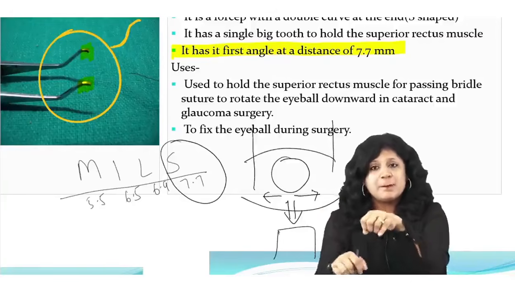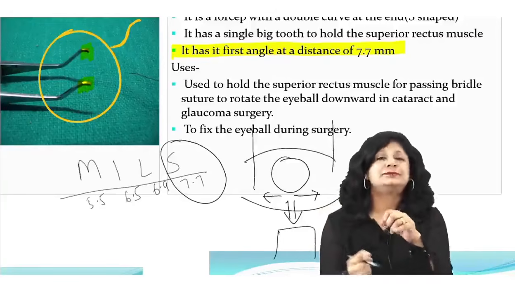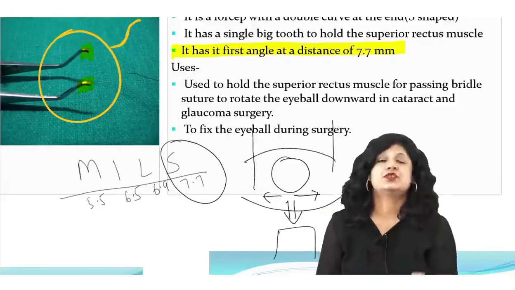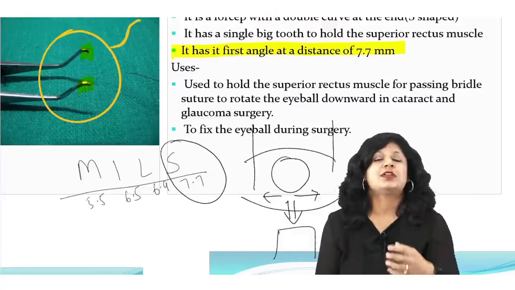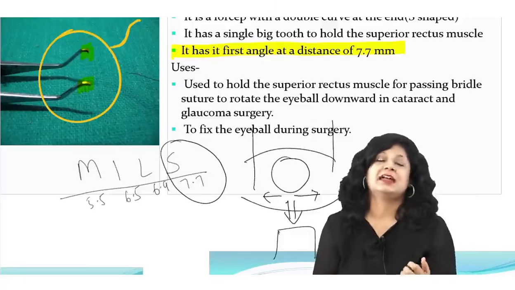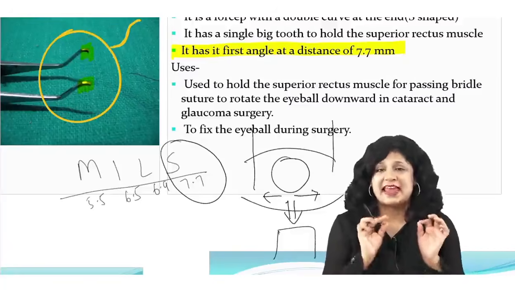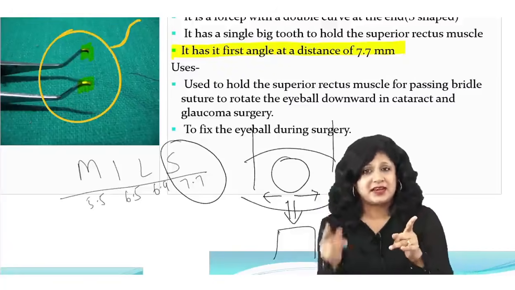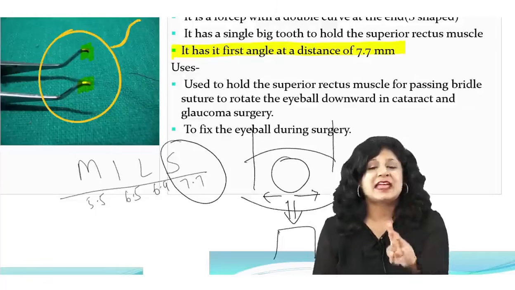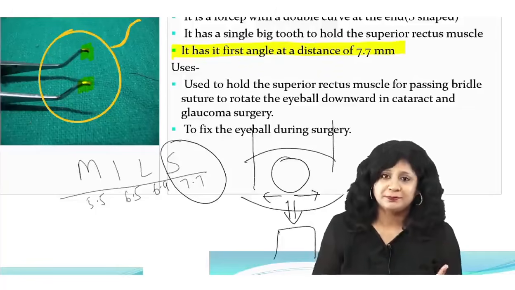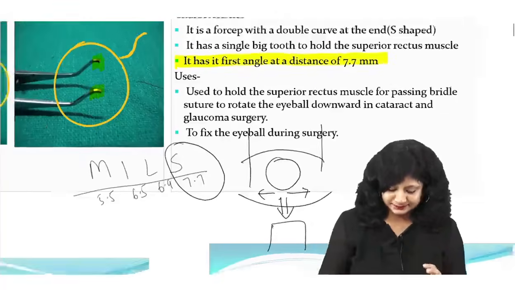So you want to pass a superior rectus bridle suture, be it cataract surgery, be it glaucoma surgery, or you want to stabilize the eyeball, then we use this S-shaped, S for S, superior rectus forceps, having a bend at 7.7 mm. Is that very clear, right?